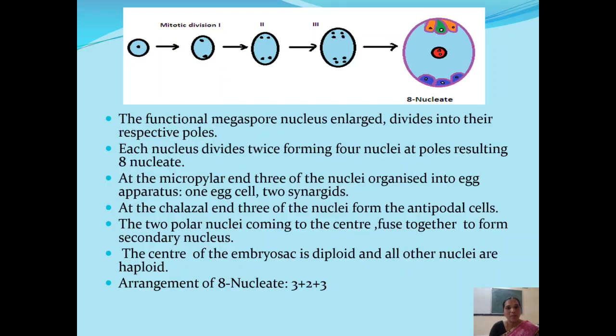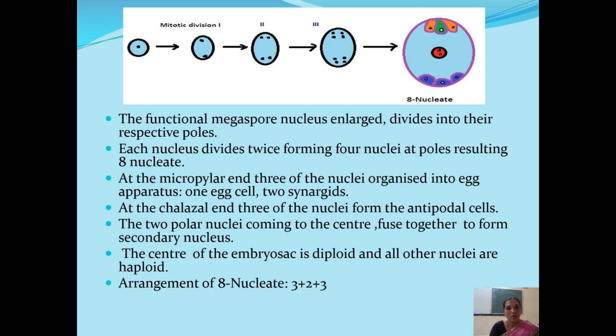The functional megaspore nucleus enlarges and divides, moving to the respective poles. Each nucleus divides twice, forming 4 nuclei at each pole, resulting in 8 nuclei.